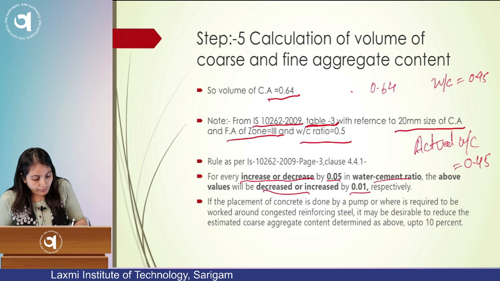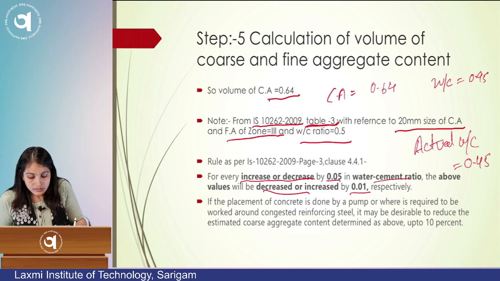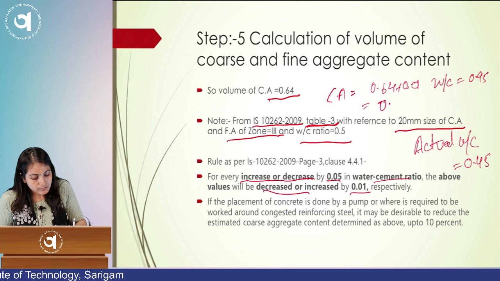So we will increase the coarse aggregate by 0.01. So the final coarse aggregate we will get as 0.65. I think you understood this.